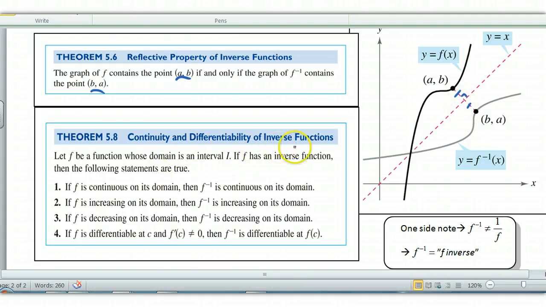Now, continuity and differentiability of inverse functions. If you have an inverse function, then the following statements are true. If f is continuous on its domain, then f inverse is continuous on its domain. I think that makes sense because we're just reflecting our figure. If it's increasing, then f inverse is increasing.